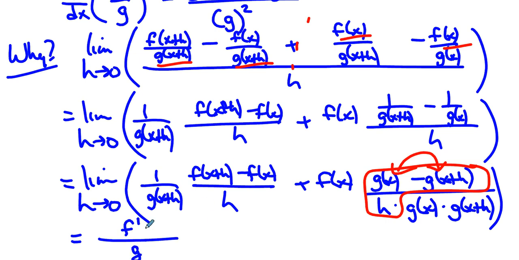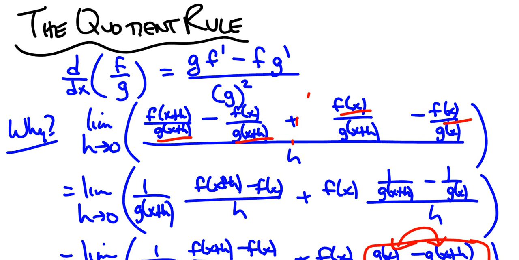This part is f prime. This part is f. This part is the opposite of g prime, and in the denominator is a g squared. Well, if we're going to combine them, we need this to have a g squared, which means there's an extra g up top, and that's what we had at the top of the screen. Bottom times derivative of top minus top derivative bottom over bottom squared.